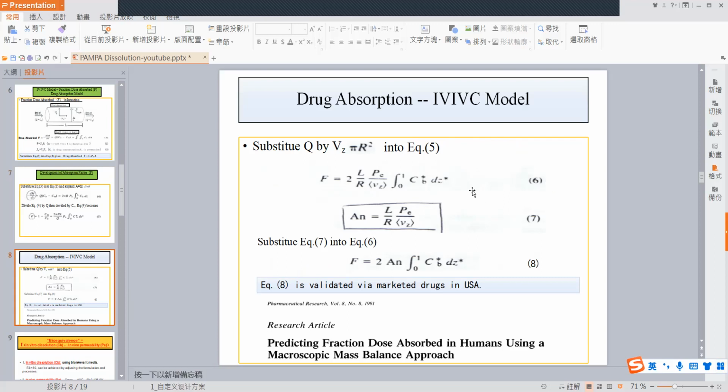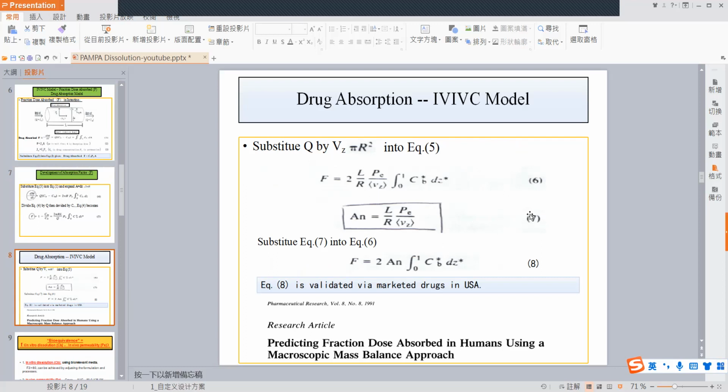Now the equation becomes like this. Substituting Q with this parameter into equation 5 gives us equation 6. This equation 6 can be further simplified by using such a group here.